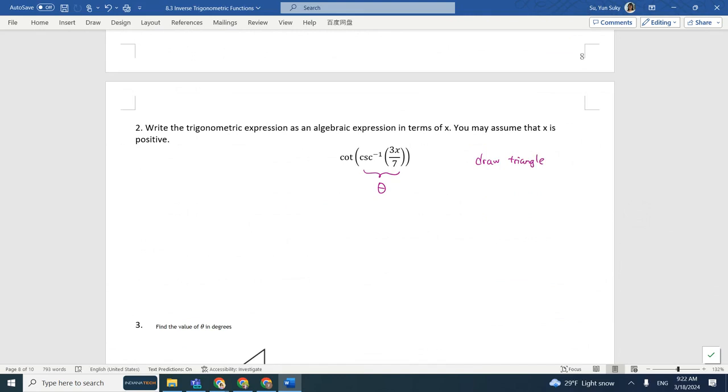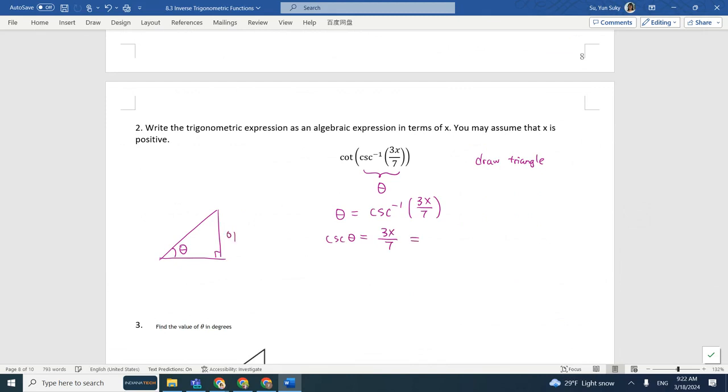You draw a triangle when you see an inverse function inside and a trig function outside. So here you let theta be the arccosecant of 3x over 7. What does that mean? Exactly, very good.